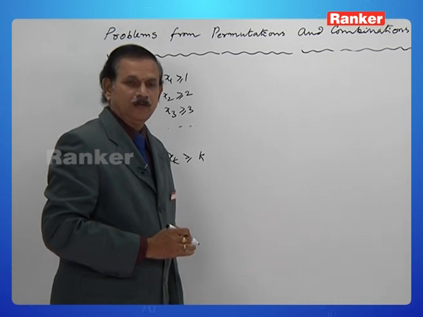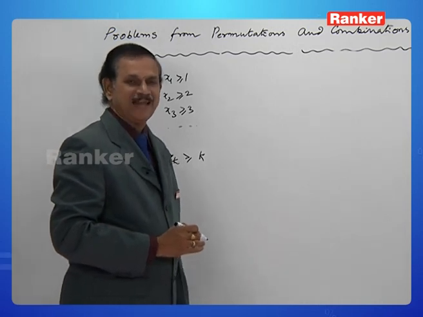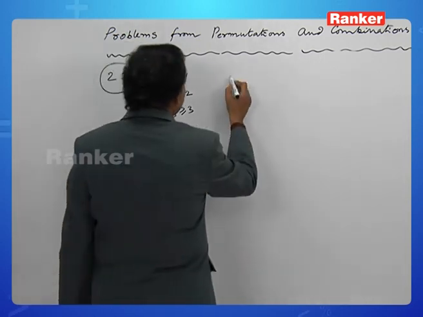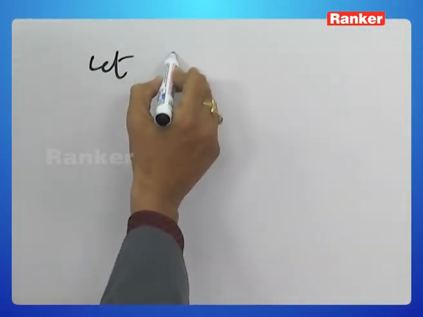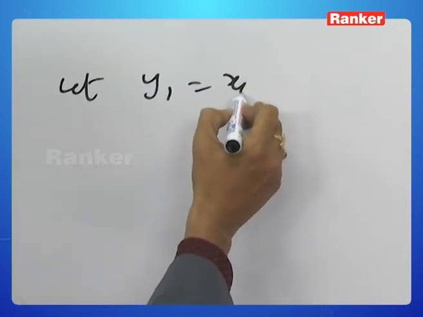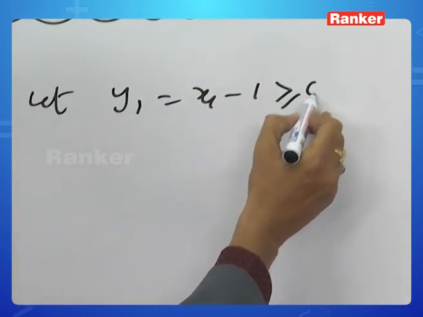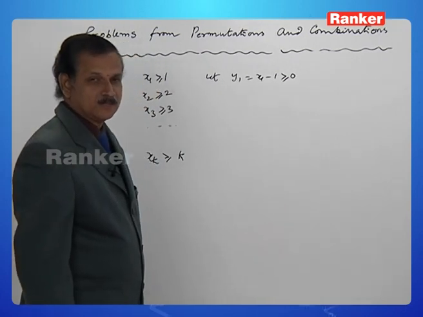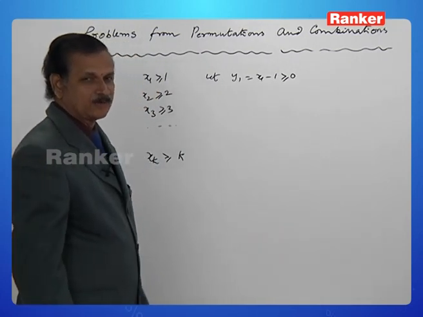Now, let me have a suitable plan to find a solution for that. Let me take y1 is equal to x1 minus 1 greater than or equal to 0. Got it? x1 is greater than or equal to 1. So, x1 minus 1 is greater than or equal to 0.